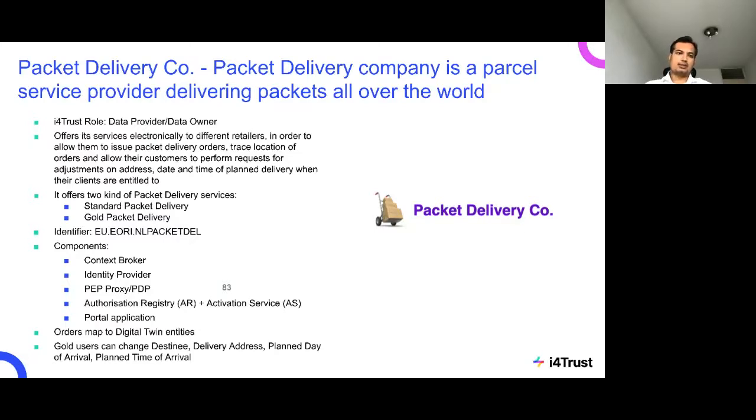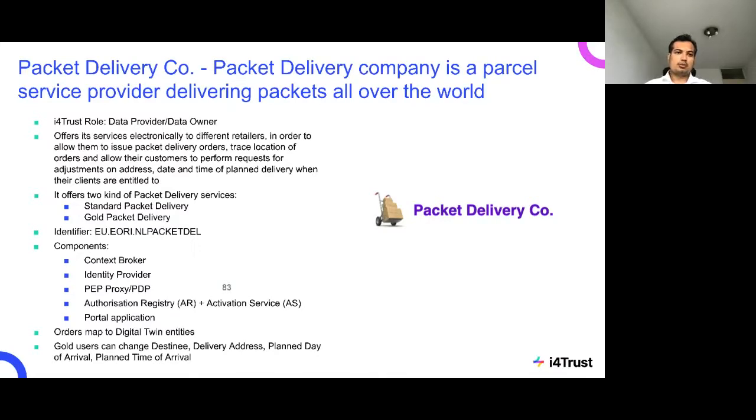So it has decided to provide two kinds of services. One is the standard packet delivery service, where buyers of the service, the customers of the packet delivery company, are offered basic delivery services towards their clients. Once there is an order, it just flows. The packet delivery company manages when and where it will be delivered, and things like that.